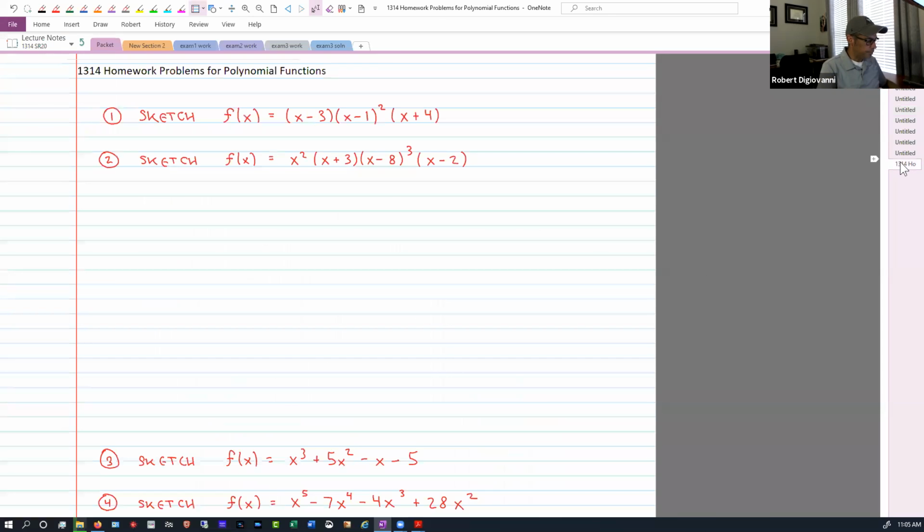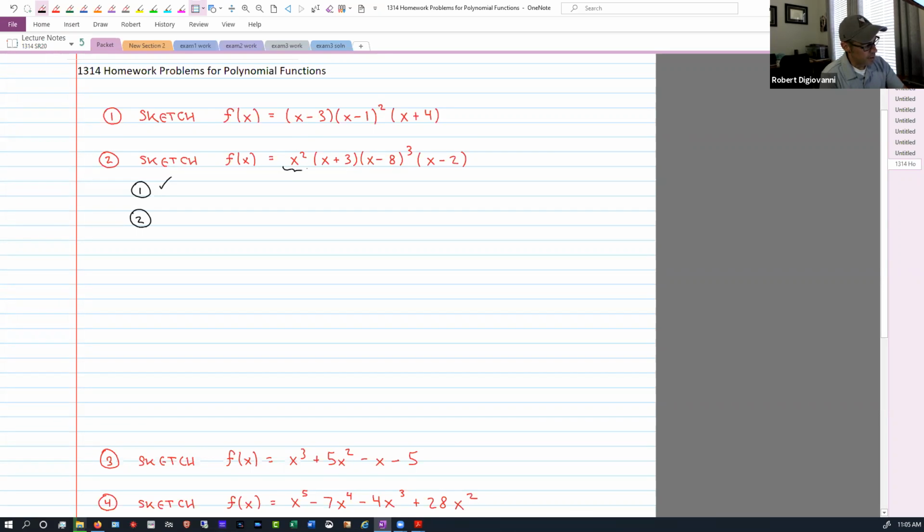So for this number 2, the first step is: is it a polynomial function? And yes, it is. The second step is to determine the left and right-hand behavior by using the leading coefficient test. Now, this function is factored, which means that we have to think a little bit about what the degree and the leading coefficient of this function would be. So what I told you to do was to look at each of the factors.